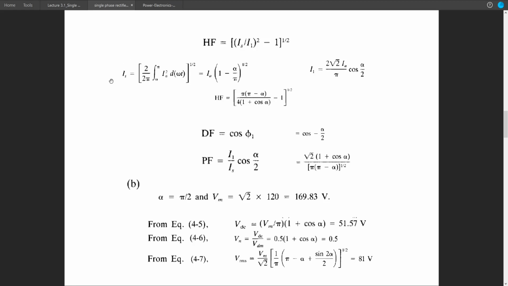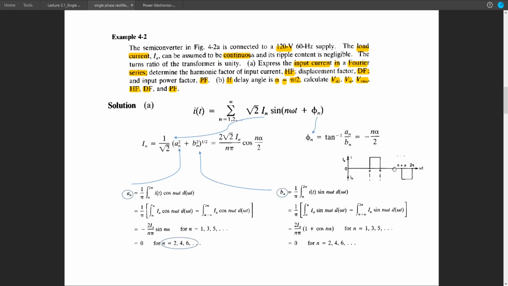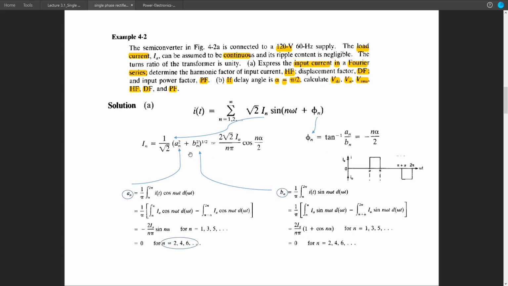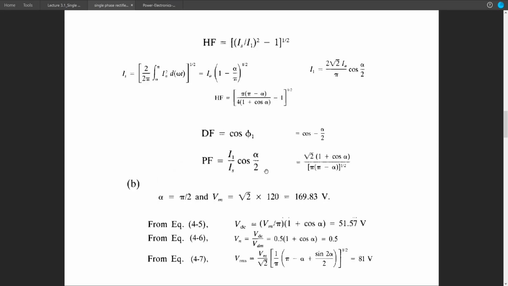So we can get this RMS current from the RMS formula of the wave shape, and we can get the value of I1, or the RMS value of the fundamental component, by putting 1 instead of n.